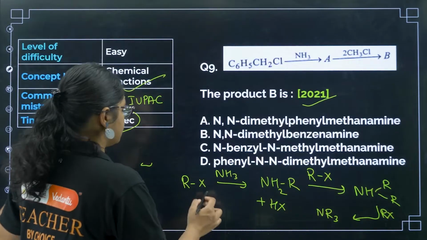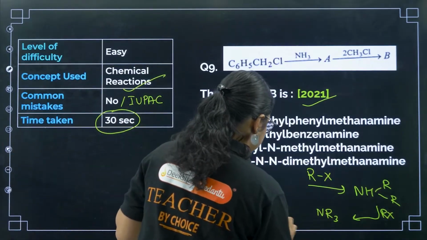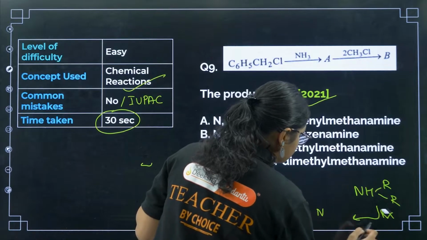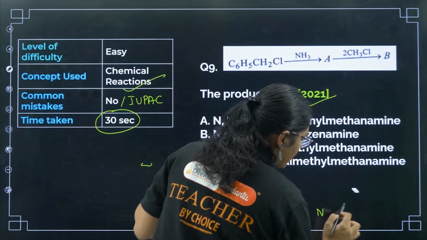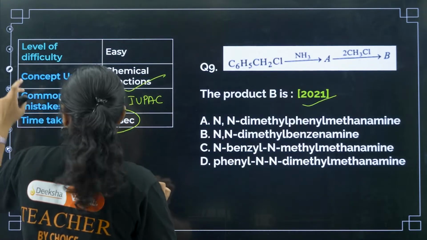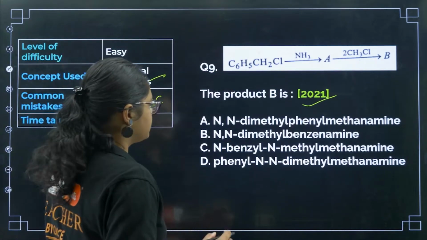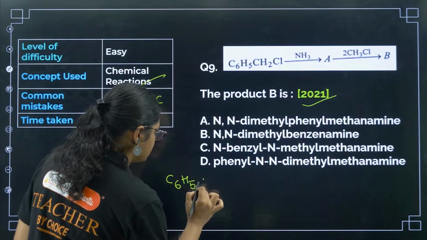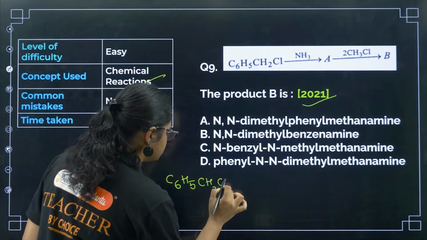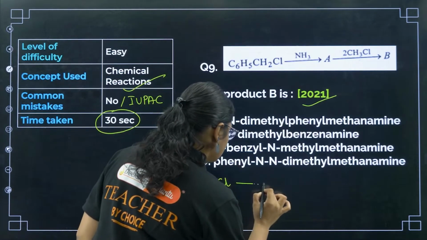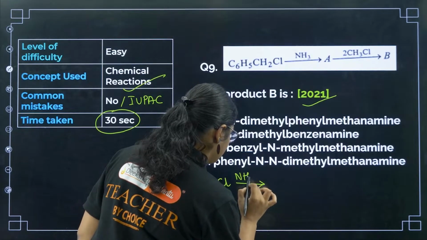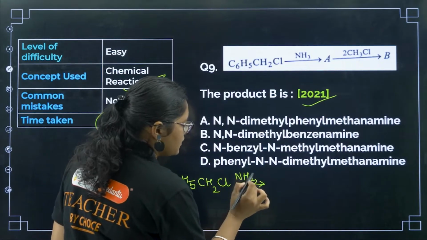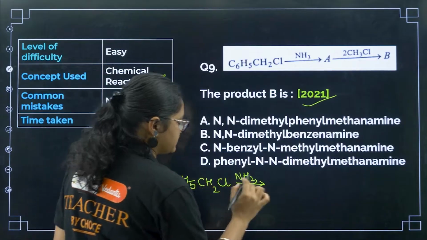Right, that is what the product will form. So now we can apply the same concept to the question and see what product we are getting, and the most important thing is to write the IUPAC name correctly. Okay, fine. So C6H5CH2Cl is treated with NH3. What will happen? One of the H will be replaced with this R group.